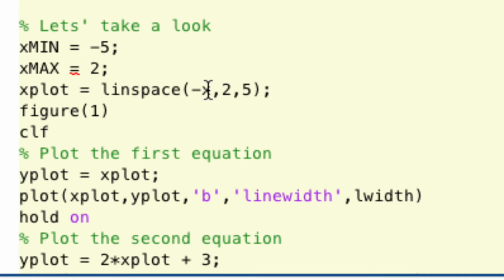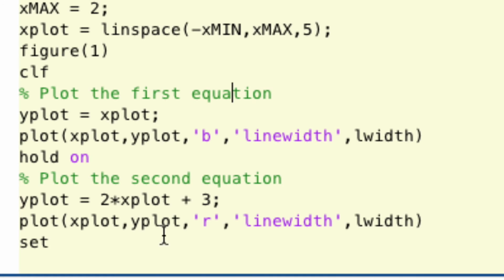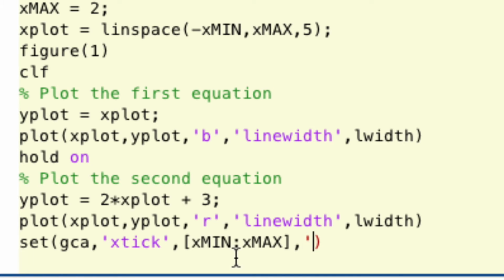So here xmin, xmax, and here I'll take get current axis, and then I put the tick marks to the plot, let's say from xmin to xmax, and then I put the font. Like this. So let's see what happens now.